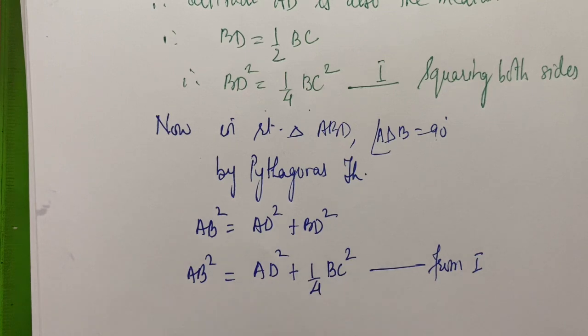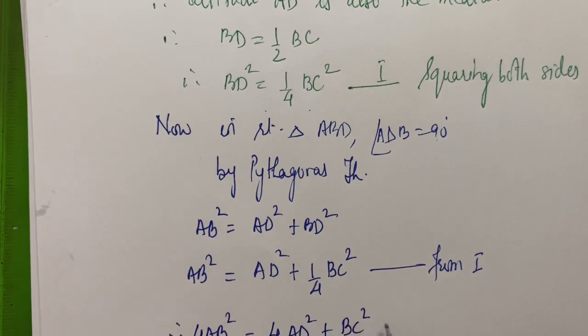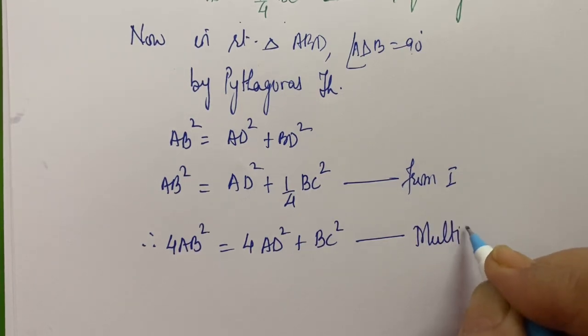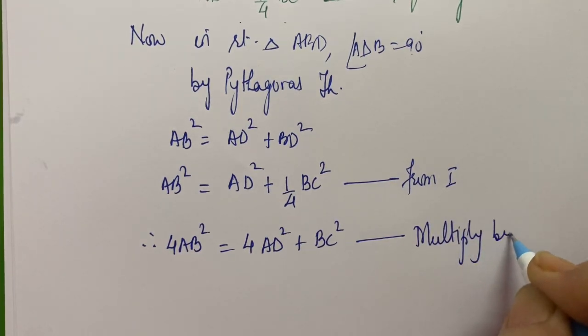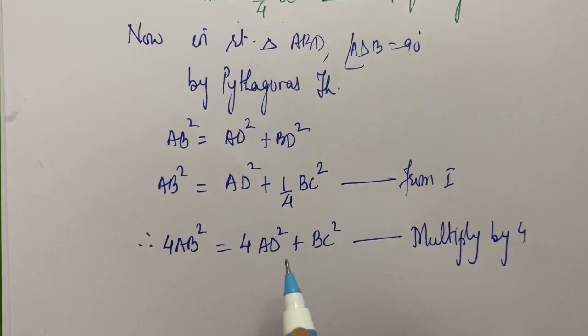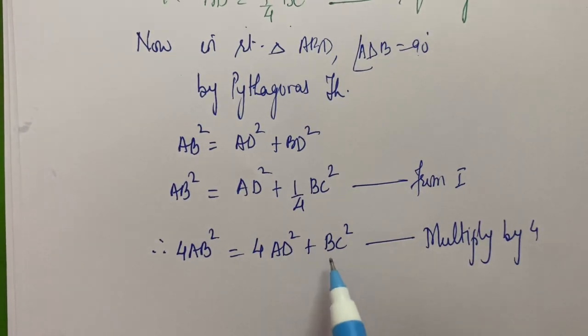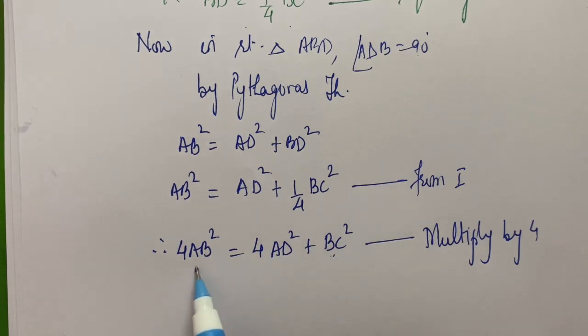Multiply the equation by 4. So therefore 4 times AB square will be 4 times AD square plus BC square. Getting that? Now as triangle ABC is equilateral, therefore BC will be equal to AB.